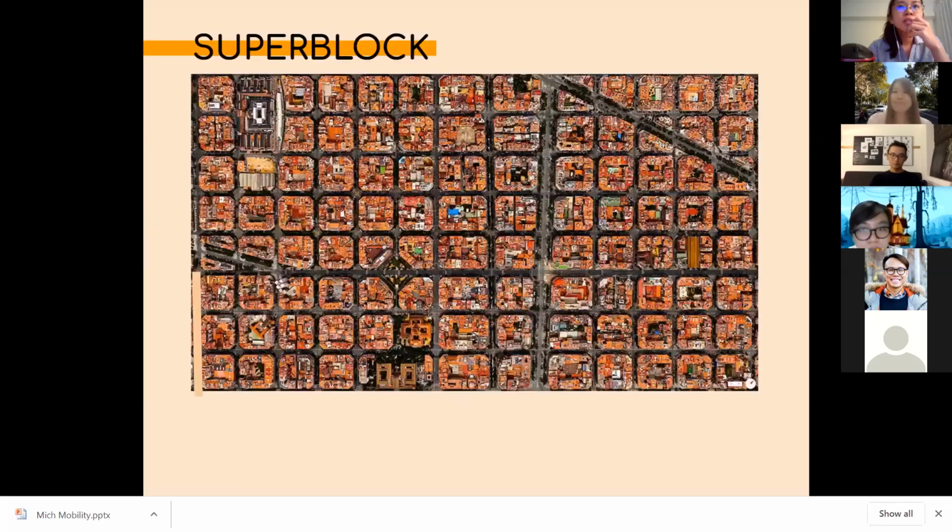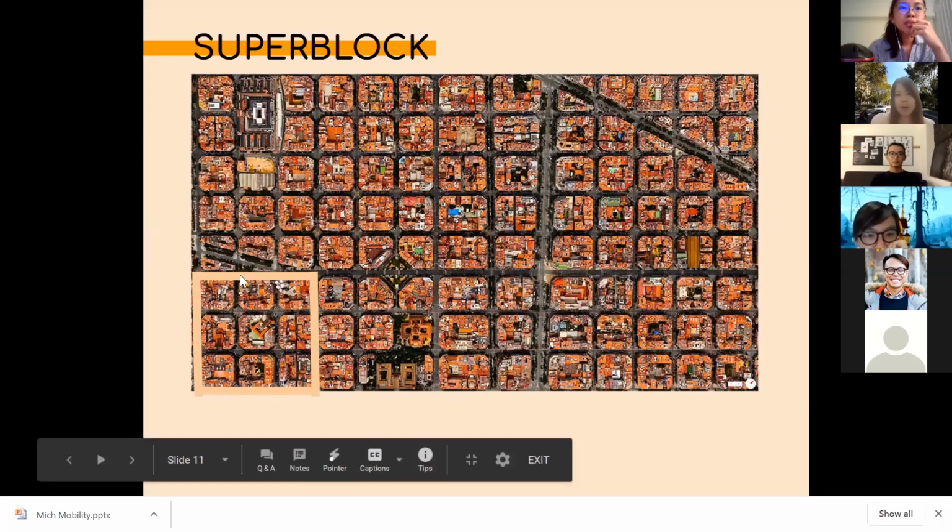So what is Superblock? Before that, even myself, I always thought that Superblock is these grids, like very nice grids, but actually it's not. Superblock is something like this. Take this 3 by 3 block. When we group smaller blocks together, they form one bigger block.